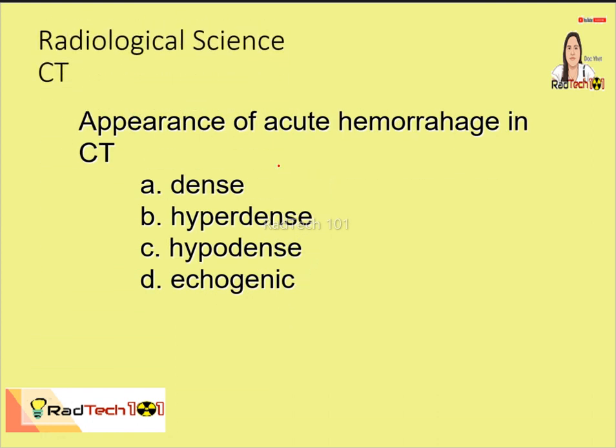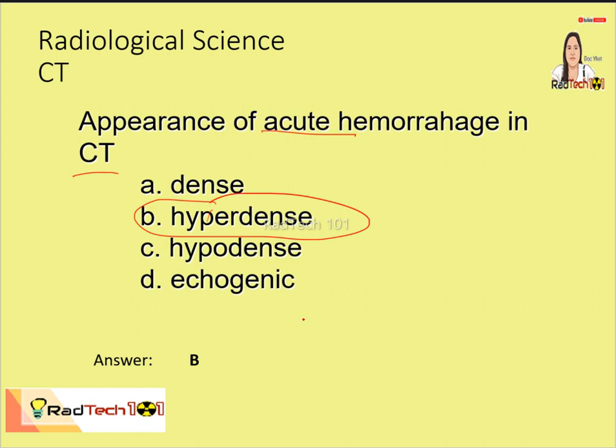Next, appearance of acute hemorrhage on CT, so that is hyperdense. In ultrasound, the terms we use when describing structures are isoechoic, hyperechoic, hypoechoic, anechoic.